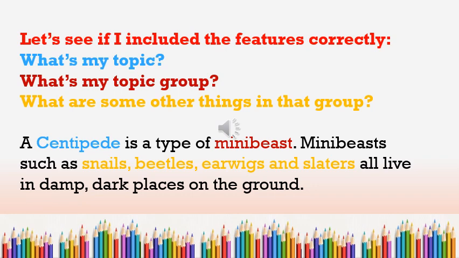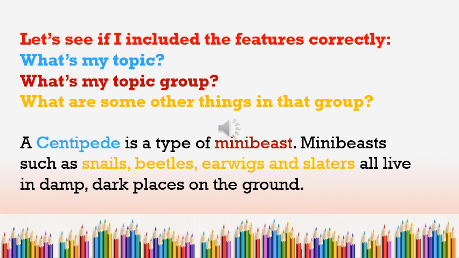What's my topic? That's right, centipede. What's my topic group? What group does my topic belong to? That's right, mini beast. I could have also, instead of saying mini beast, I could have written that my group was insects. And what are some other things in that group?